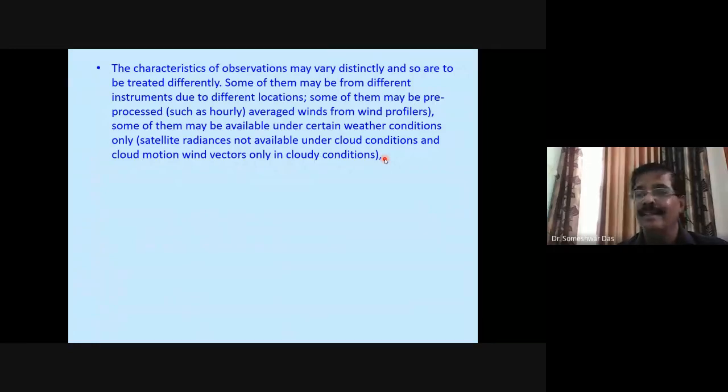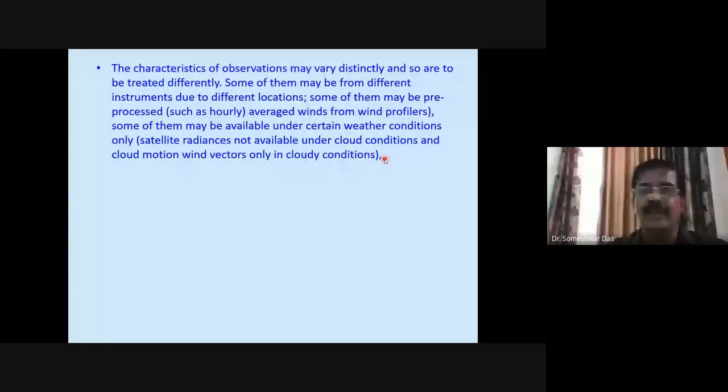We have all kinds of observations available from all over the world, which use different types of instruments. And each manufacturer of the instrument will have its own instrumental error, right? In India, IMD manufactures its own radiosonde, as you might know.